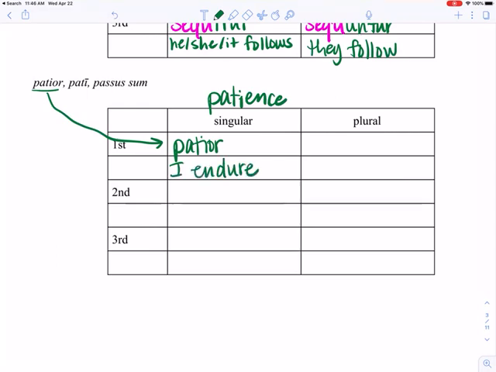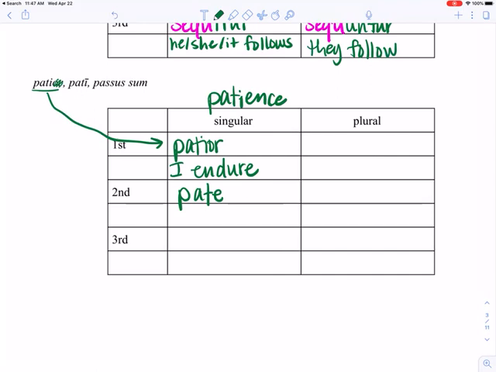All right. So again, we're going to take our first principal part. We are dropping the OR. Now we have an I as our stem. And before I go any further, for second singular, you need to remember on third IO conjugation verbs, in that present, we actually drop the I, but only for this one.